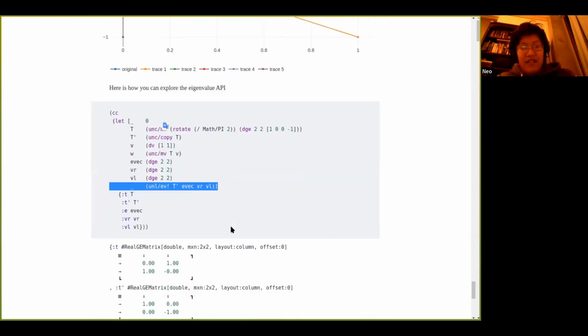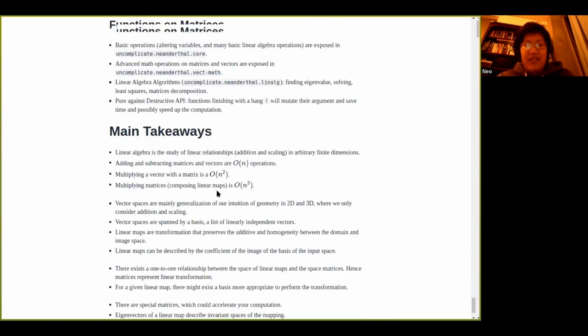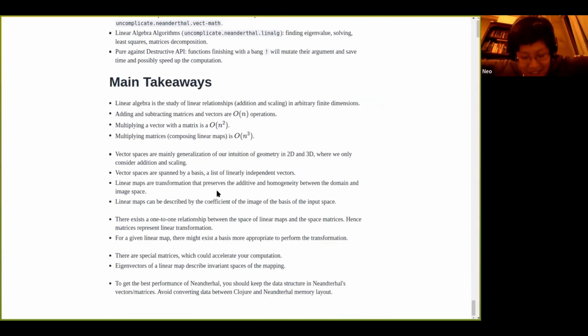Yeah, and I think now it's time to conclude. What I really hope you can take from this presentation is that it's not sorcery, right? Linear algebra is just the study of linear relationships, which is just adding and scaling elements in finite dimensions. Adding and subtracting matrices and vectors are O(n) operations.